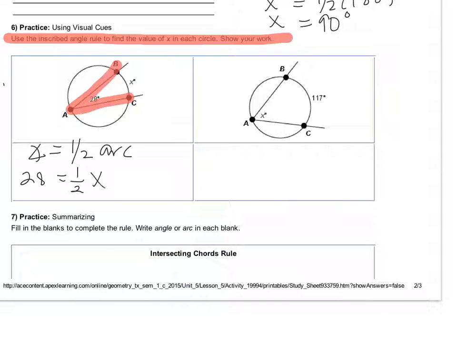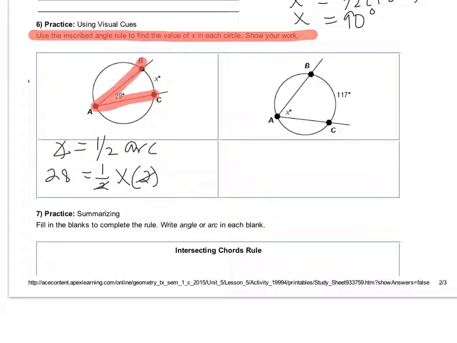So 28 equals 1/2 x. The only way to get x by itself is to multiply both sides by 2. What you do to one side, you have to do to the other. So x, which is my arc, is going to be equal to 56 degrees. And that works by the rule because half of 56 is 28.